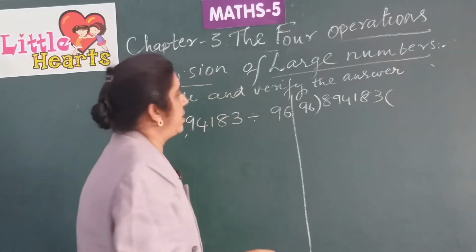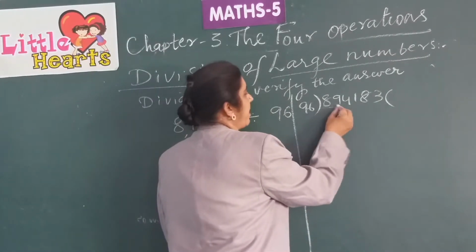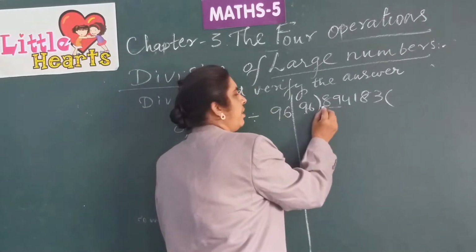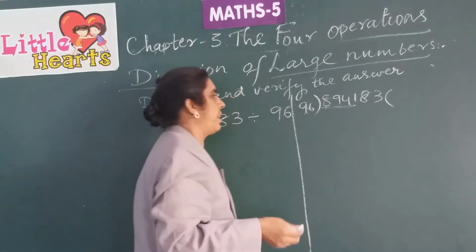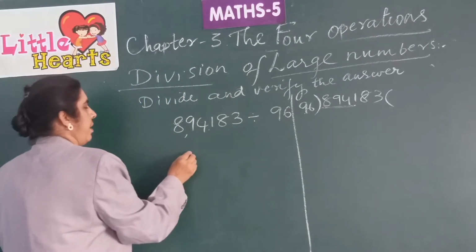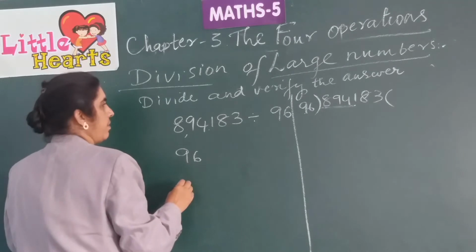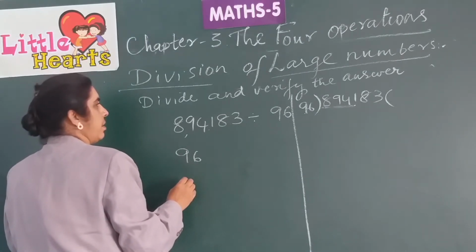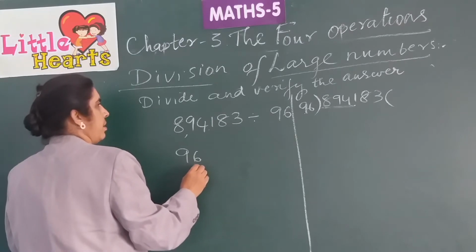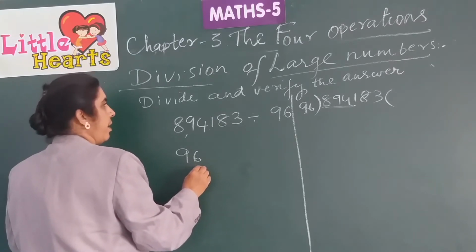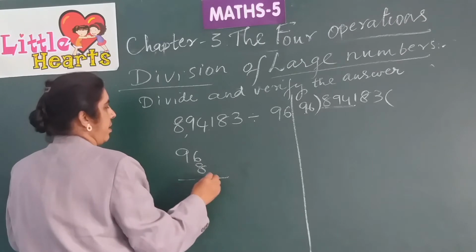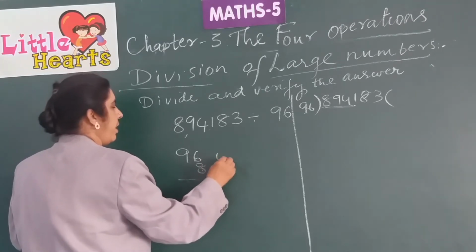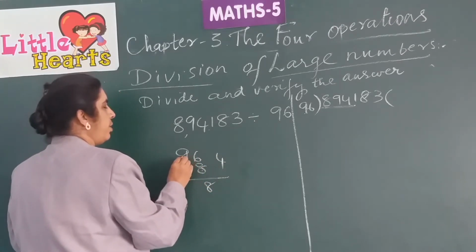For this, as the first two digits are smaller than the divisor, we have to go with three digits here. 96, 8 6s are 48, 8 9s are 72.